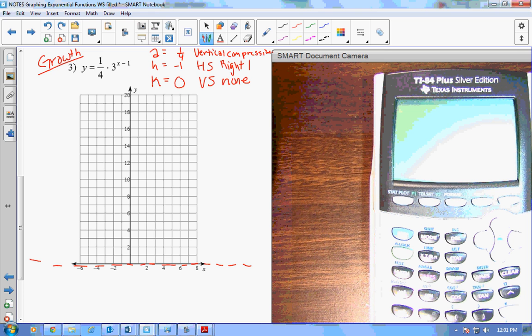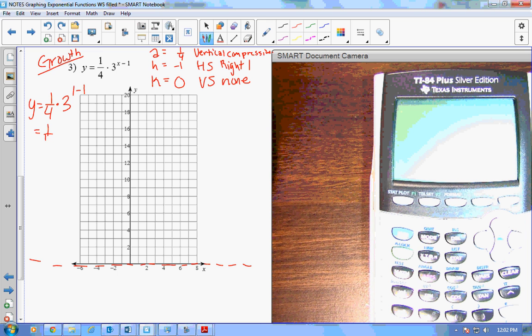Alrighty, we need 1 point. But we want our exponent to be 0. This time, if I put in 0 -1, is that going to give me 0? No. What number -1 is 0? Positive 1. So we want to plug in +1 because there was a horizontal shift, because I want the exponent to be 0. 1 -1.